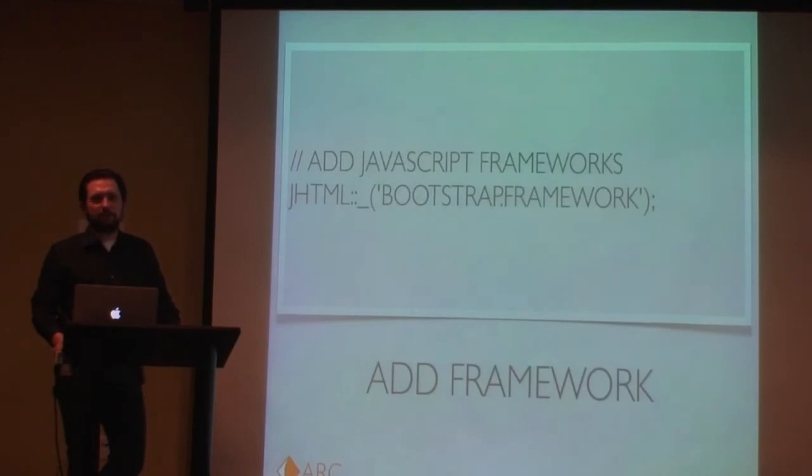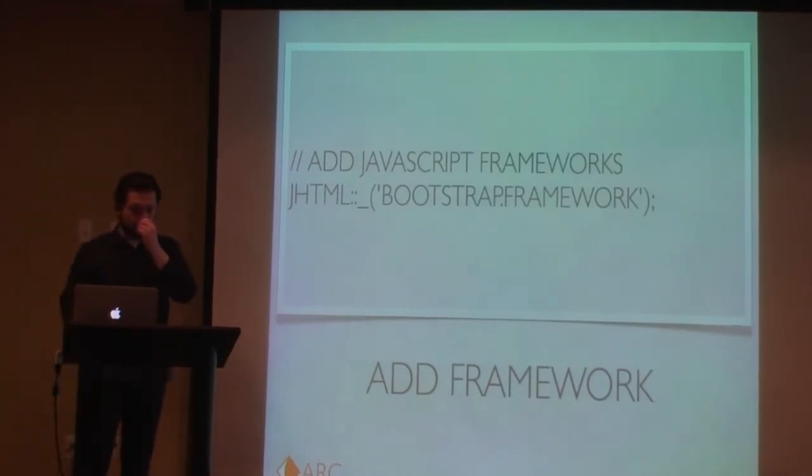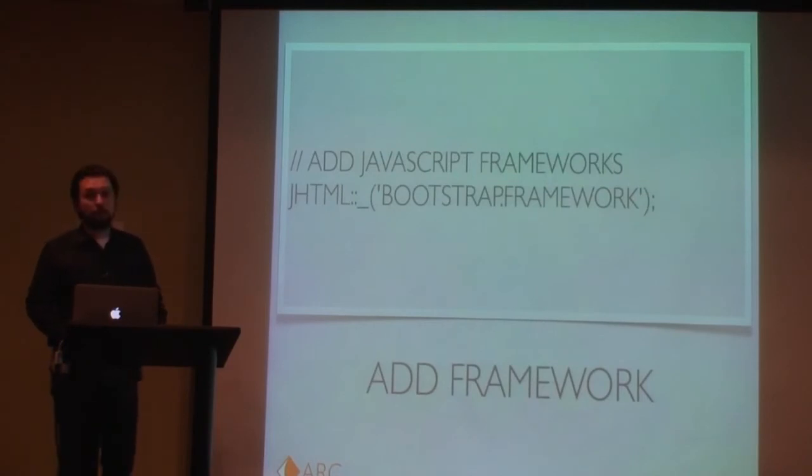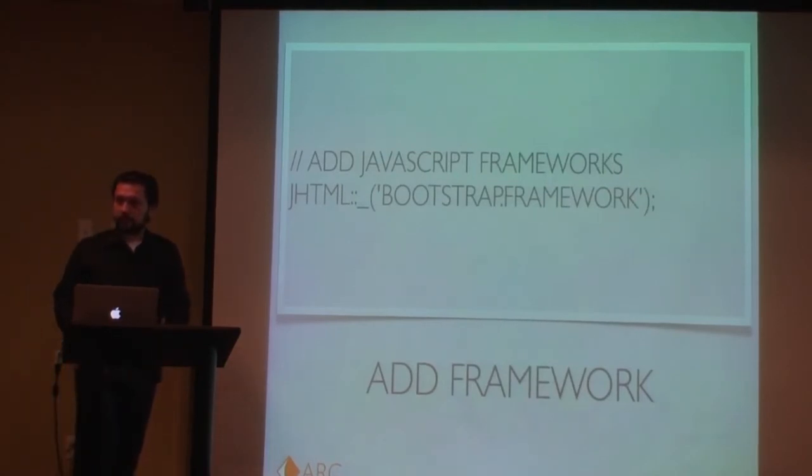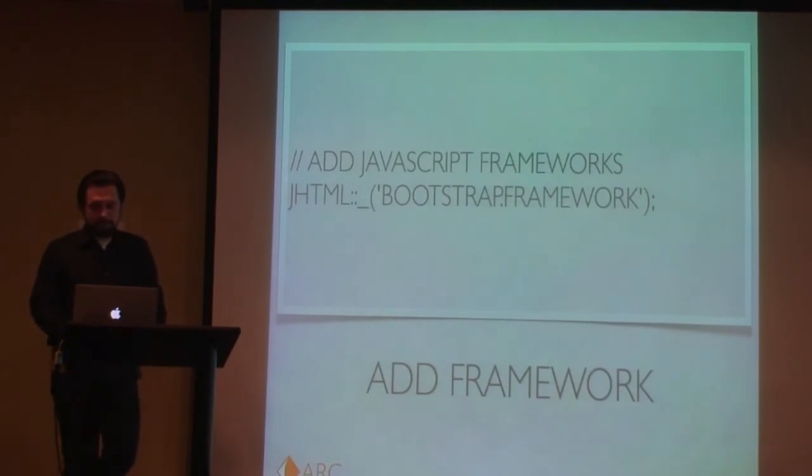When we've done it in 2.5, we'll have 10, 20 lines of specific CSS and JavaScript includes. This calls up the built-in Bootstrap framework for Joomla 3.0. Does that add jQuery as well? Yes, because Bootstrap relies on it. So it does a lot of heavy lifting very quickly. You never have to worry about it.